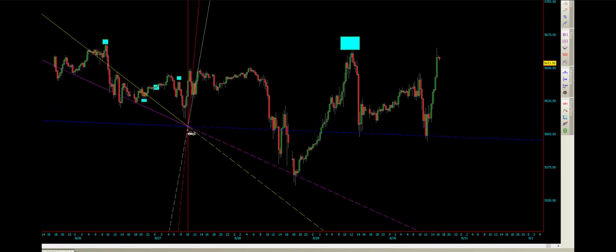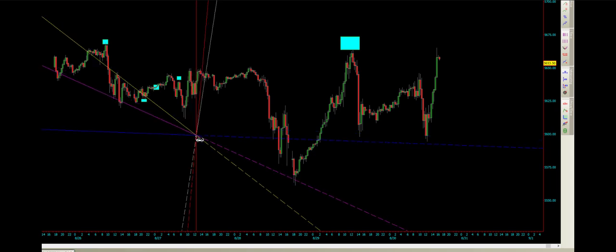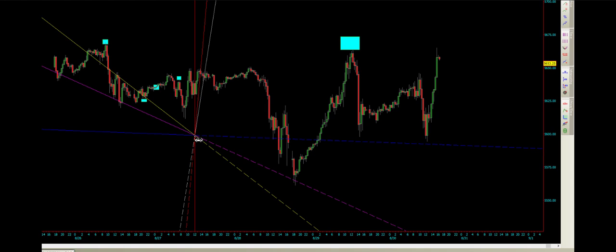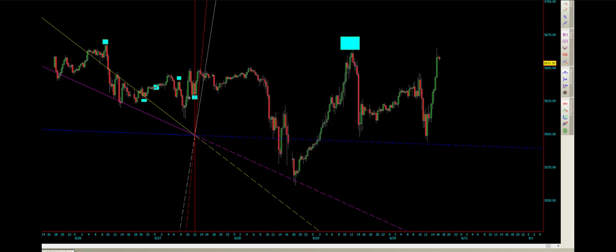So in 2015, this idea was given to us. Okay, so this is a beaming and we got this bottom. A bunch of hours of sideways action, up and down, and then it took off.